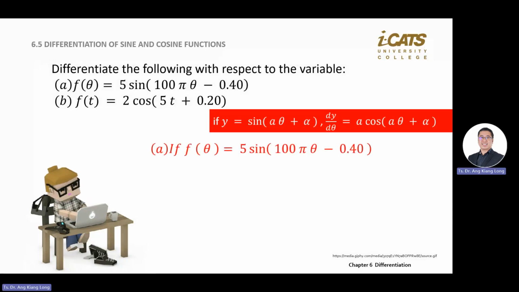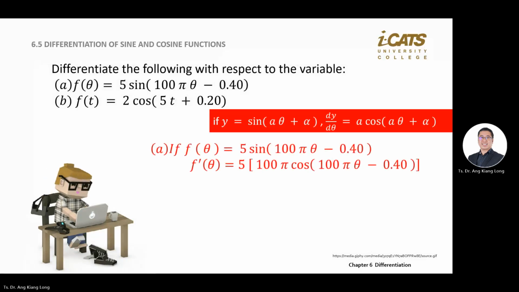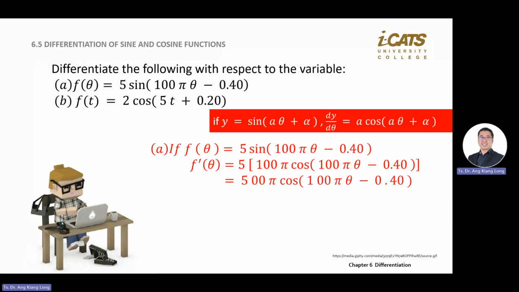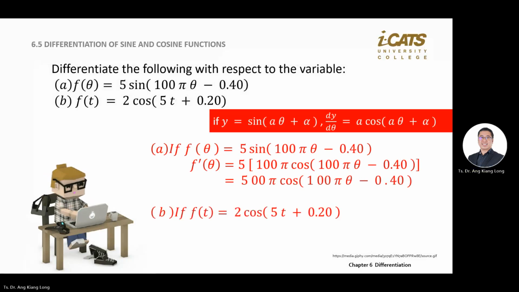So for example, the first one, you only pull the constant in front of theta. Then you rearrange. The second part is also the same. Cos becomes sine, but it's negative sine.